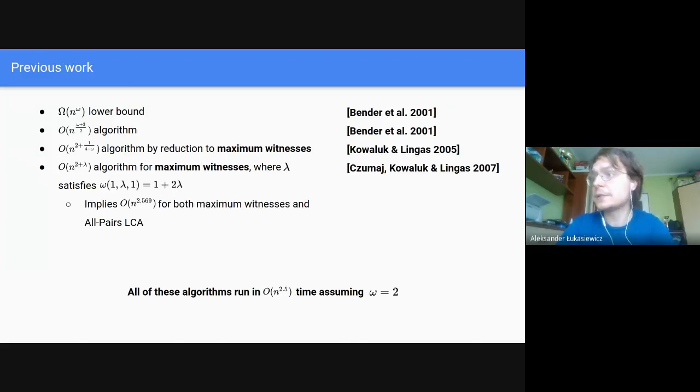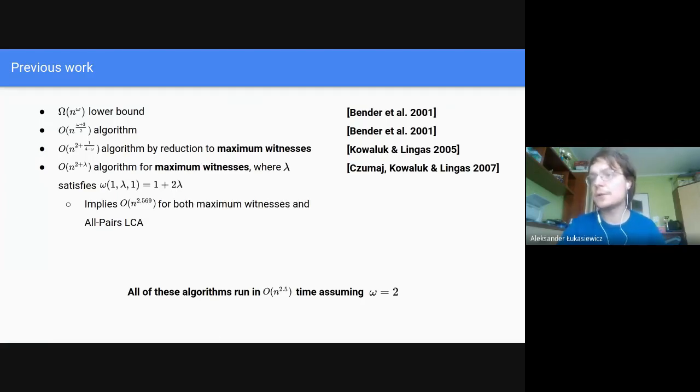Later on, Kowaluk and Lingas, and later Czumaj, Kowaluk, and Lingas improved upon this original algorithm using a reduction to the maximum witnesses problem, maximum witnesses of Boolean matrix multiplication.